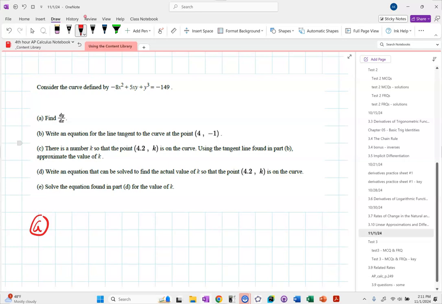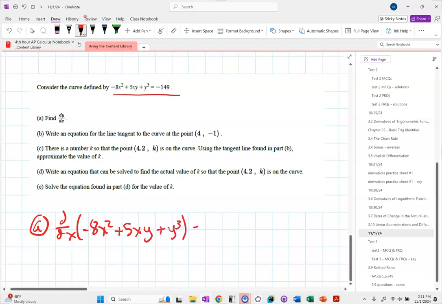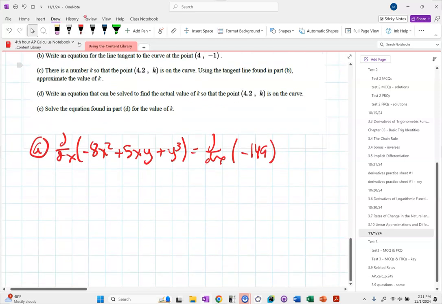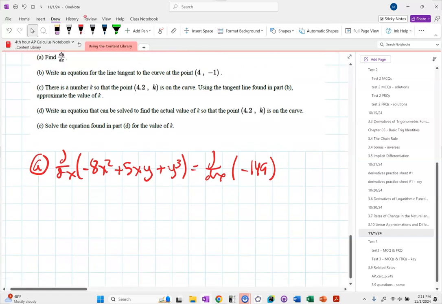To find dy dx, what do I start by doing? Derivative of both sides, right? Everybody feel good there? What's the derivative with respect to x of negative 8x squared? Negative 16x.